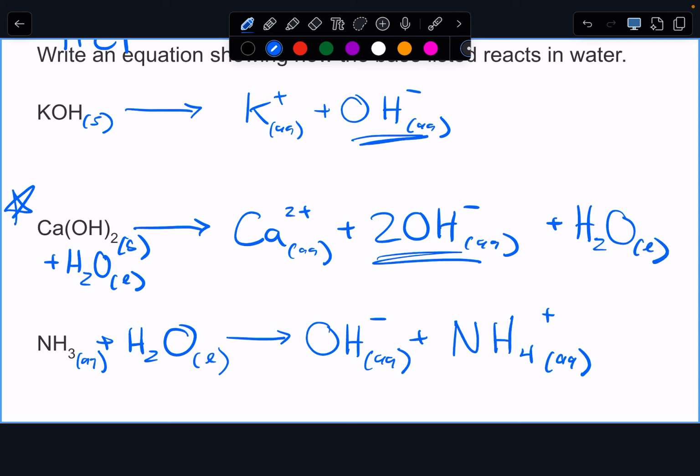So it doesn't actually react. That's right. So any of these ones that are hydroxide ionic compounds are not involving water directly, which means that they're not actually donating a hydrogen. It's just making OH. So it was that unique case.